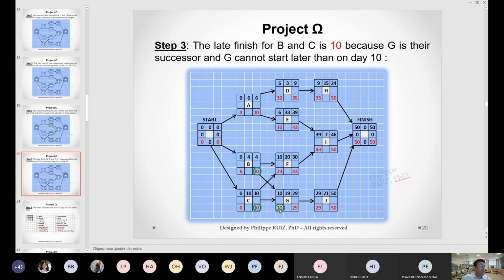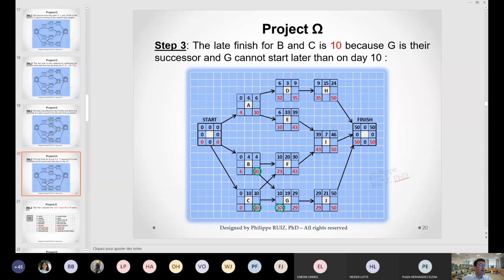Now this is a late start. It means that F can start at the latest on the 23rd day. G can start at the latest on the 10th day. So G cannot start after the 10th day. It means that B and C, which are antecedents, must finish at the latest on the 10th day.